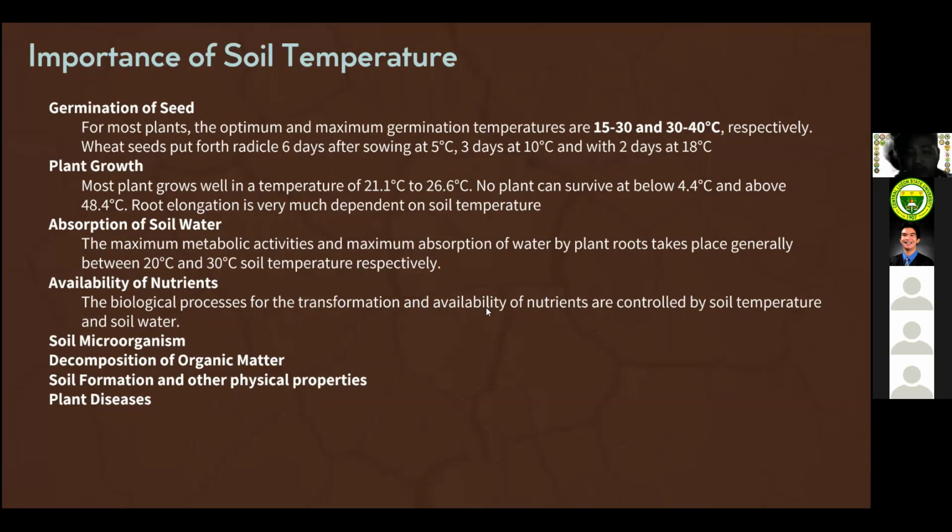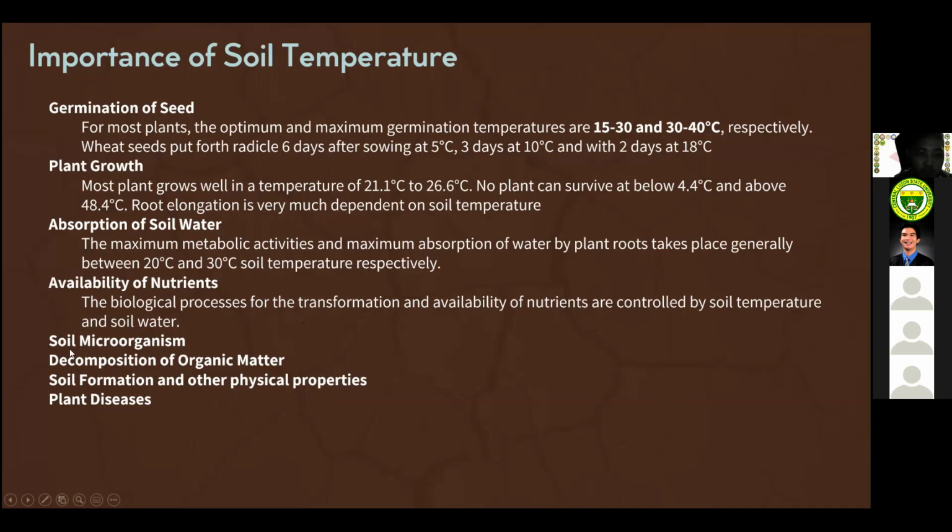So at high temperature, 'di ba, minsan there are lots of nutrients that are vaporized. So nagiging vapor form sila. So nawawala sila sa lupa. Of course, soil temperature affects soil microorganisms.